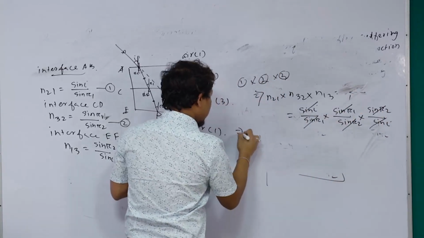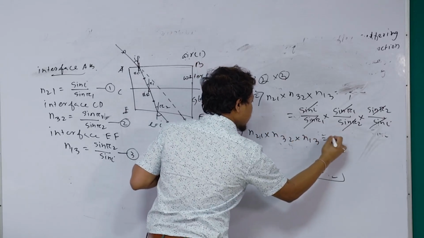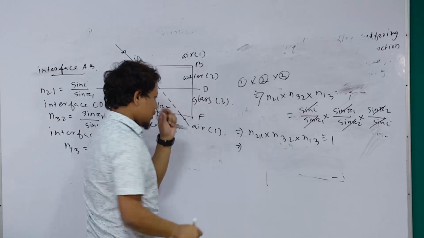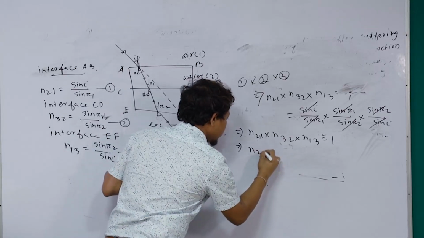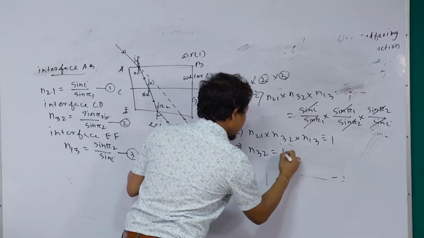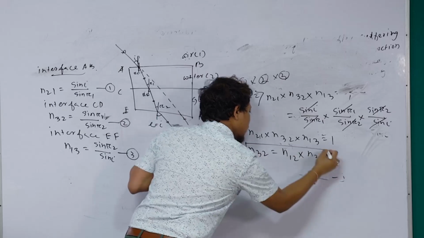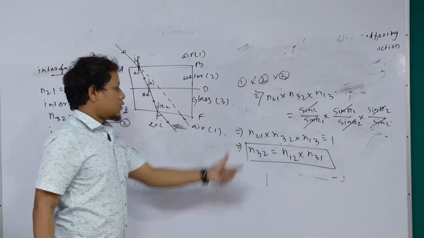So this is 1. So n21 into n32 into n13 equals 1. From this relation we can transfer terms to the other side, so this will become n21 into n32 equals n31.